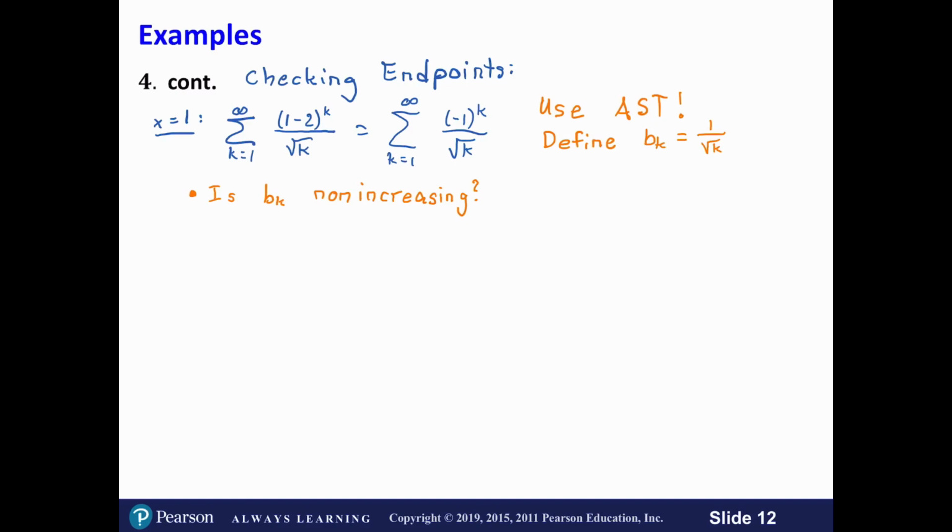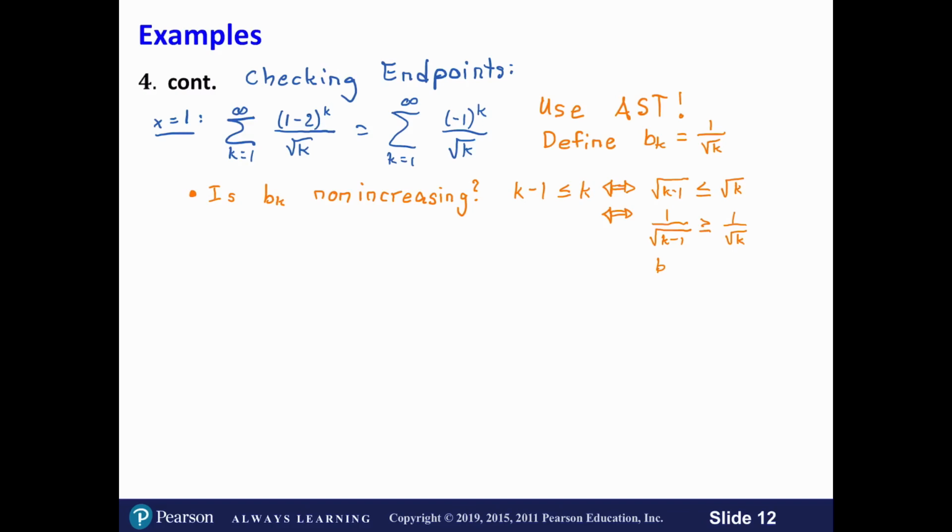So, we know that k minus 1 is clearly less than k. This implies that the square root of k minus 1 is less than or equal to the square root of k. And that implies that if we were to invert both sides, 1 over the square root of k minus 1 is greater than or equal to 1 over square root k.